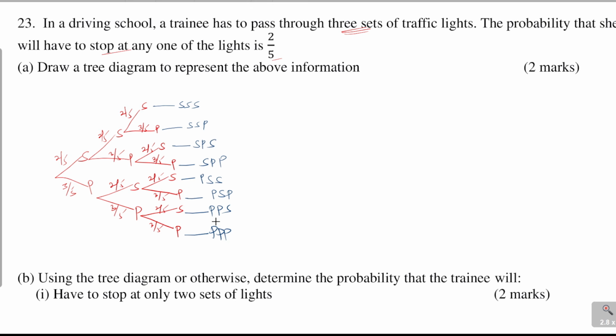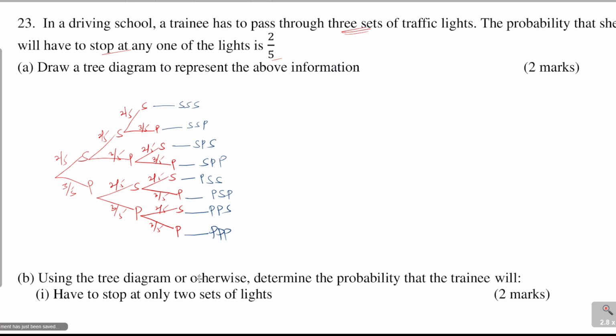Part B, using the tree diagram or otherwise, determine the probability that the trainee will 1. have to stop at only 2 sets of lights. So you can use the tree diagram or not. That is the meaning of using the tree diagram or otherwise.